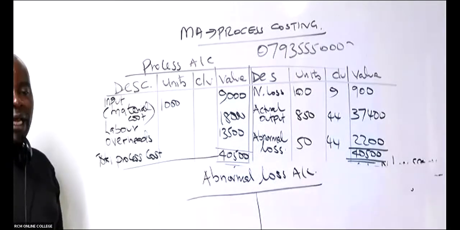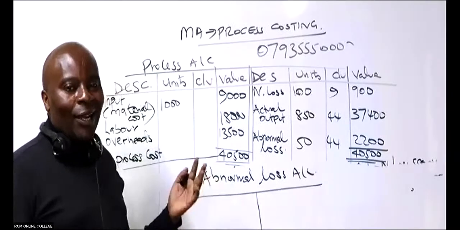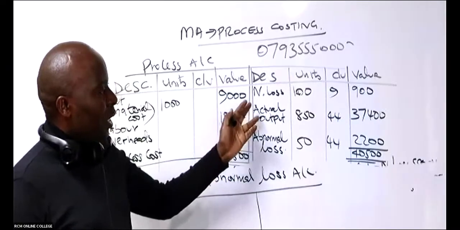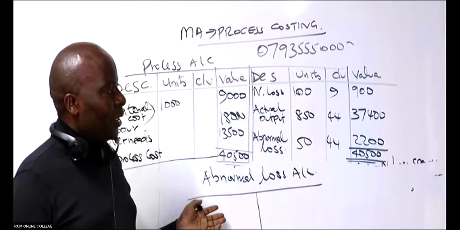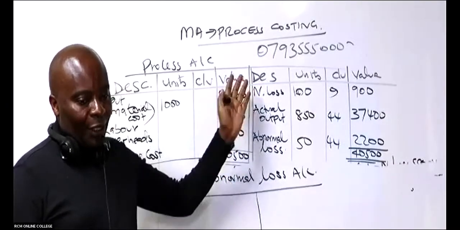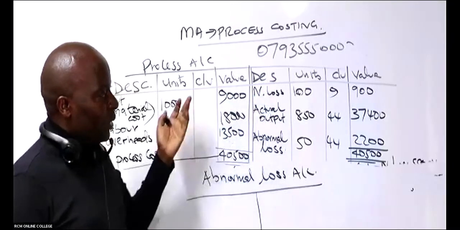So this abnormal loss account is a very, very simple account. It's basically a losses account. Now you'll bring the normal loss here. So here the normal loss was credited, it will be debited here.